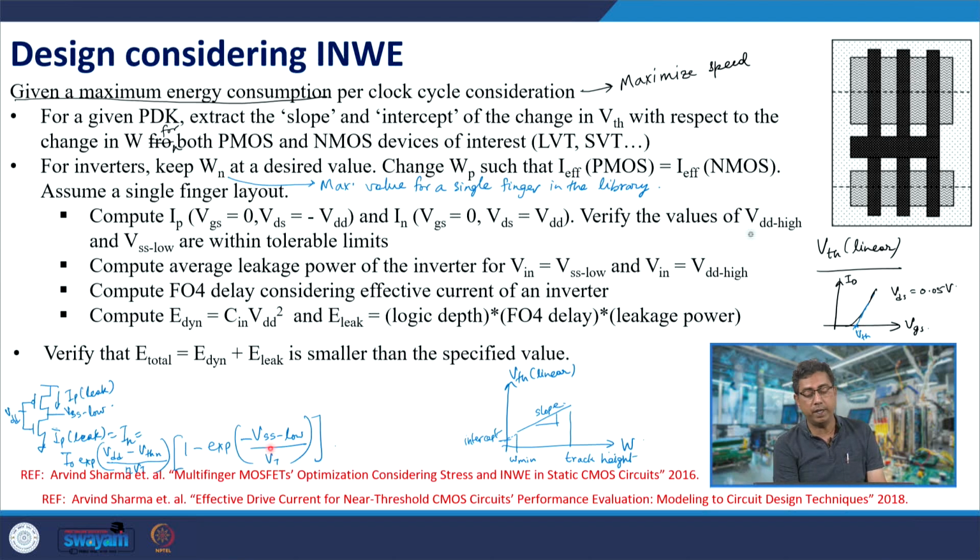Now, these two, VDD high and VSS low, should be within tolerable limits given by your specifications. If that does not happen, then you would choose the values of WP and WN accordingly. Suppose VDD high is lower than what you want it to be.